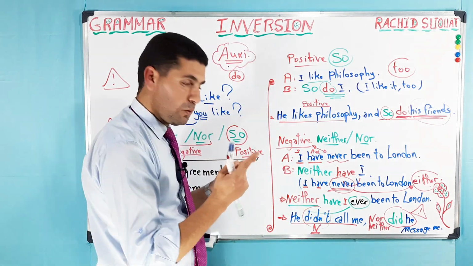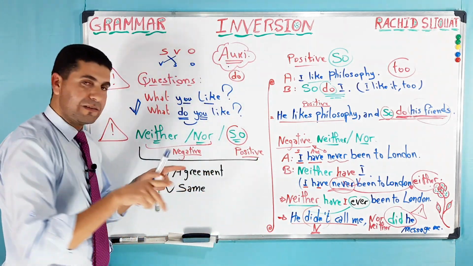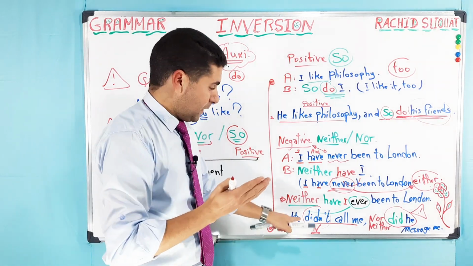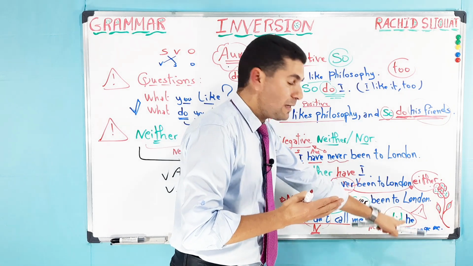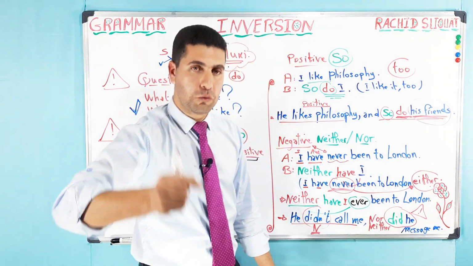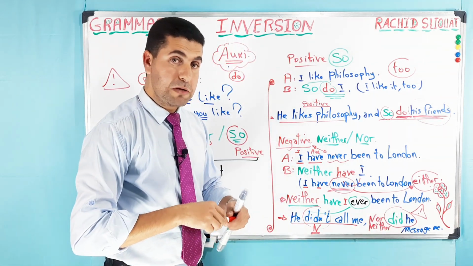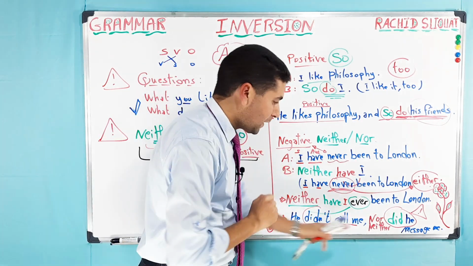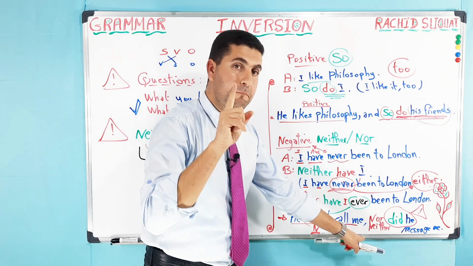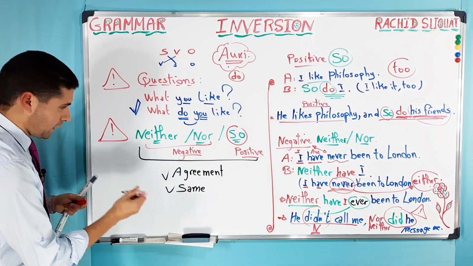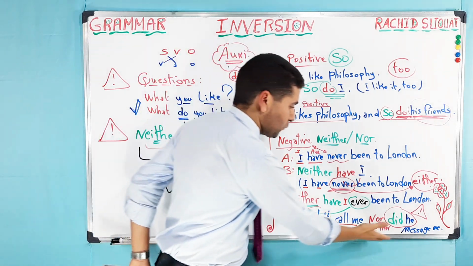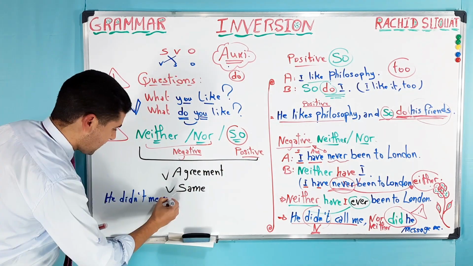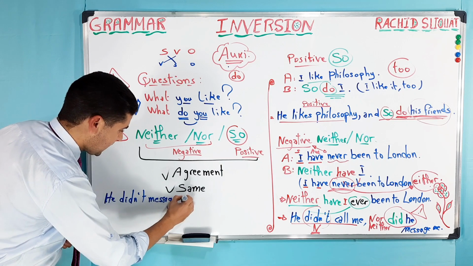And as you can see, we have something to do with sameness. Here, he didn't call me. Not only this, he didn't message me too. So we have two of the same negative, okay? We can also say he did not message me either. We can write it here. This one, we can rewrite it differently. And we say he didn't message me.